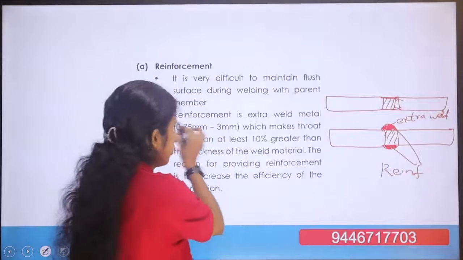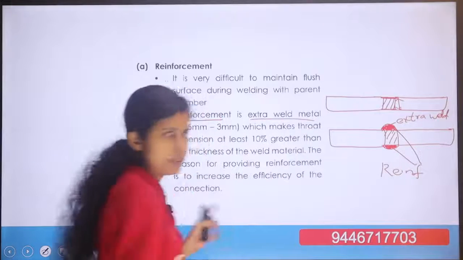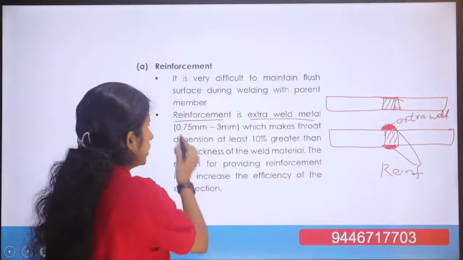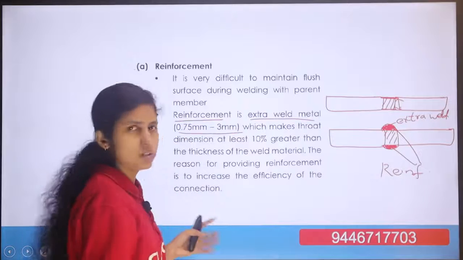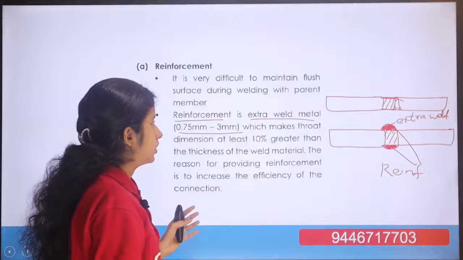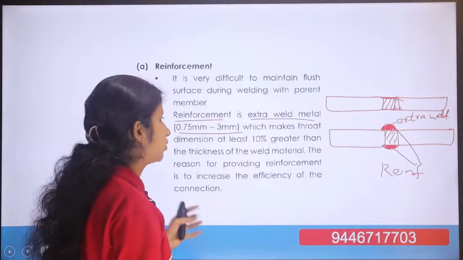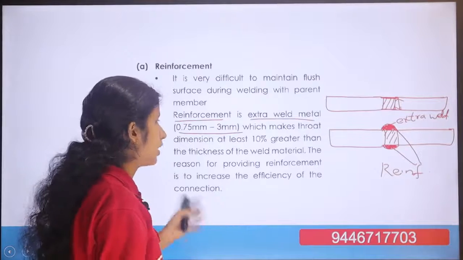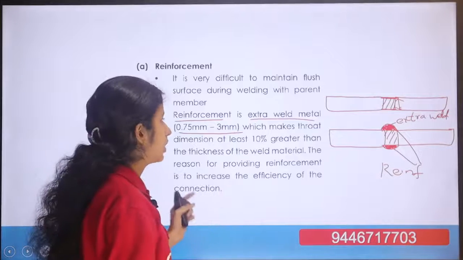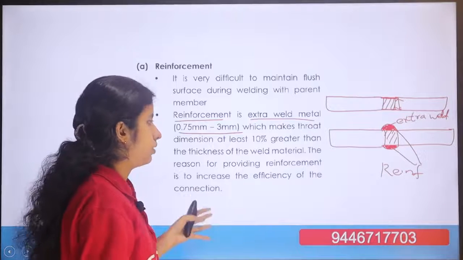The reinforcement is the extra weld metal of about 0.75 to 3 mm, which makes the throat dimension at least 10% greater than the thickness of the welded material.